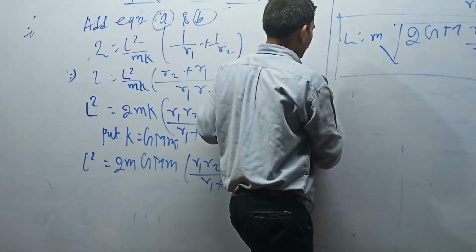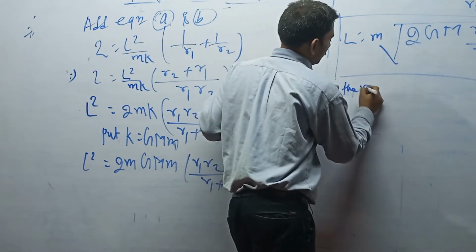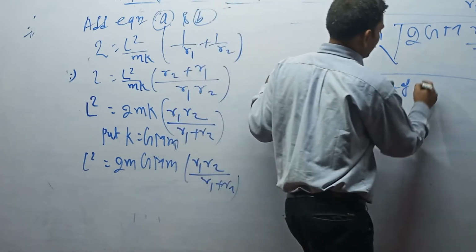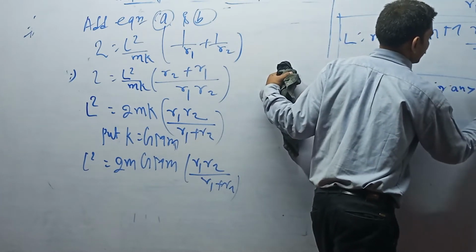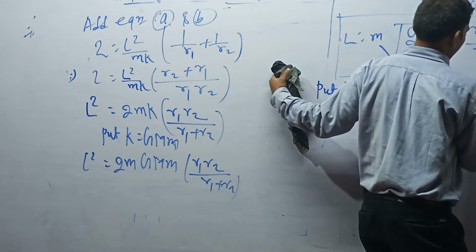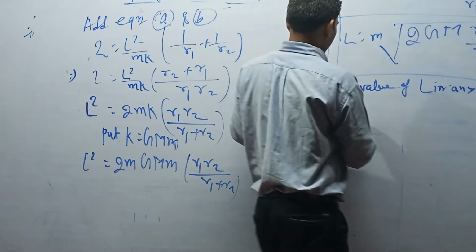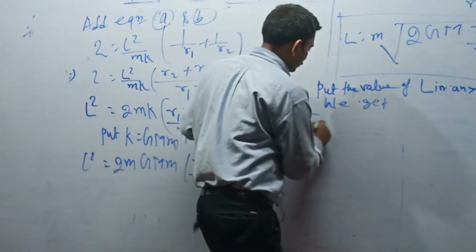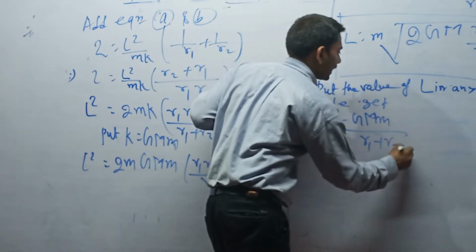Here put the value of L in any one of the two equations, we get E is equal to minus capital G M m upon r1 plus r2.